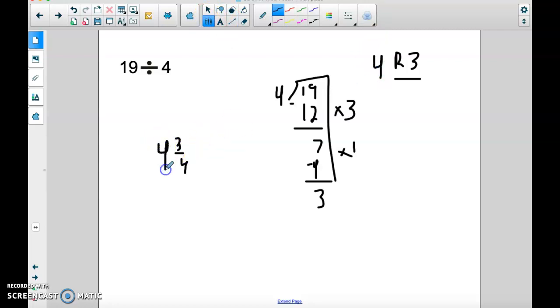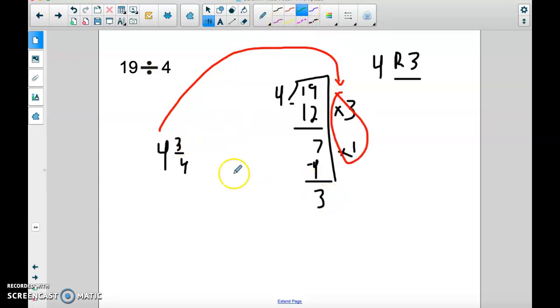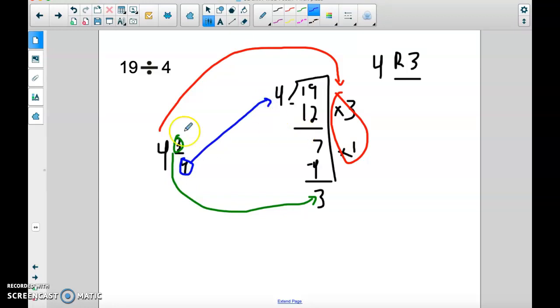So then 4 and 3/4. This 4 came from this stuff over here, right? This 3 came from what was left. This 4 came from how much we need in one group. Okay? So that's how you get 4 and 3/4.